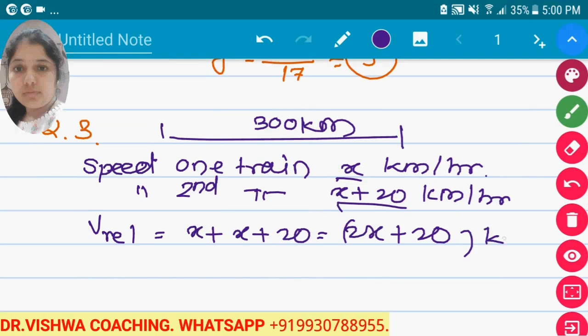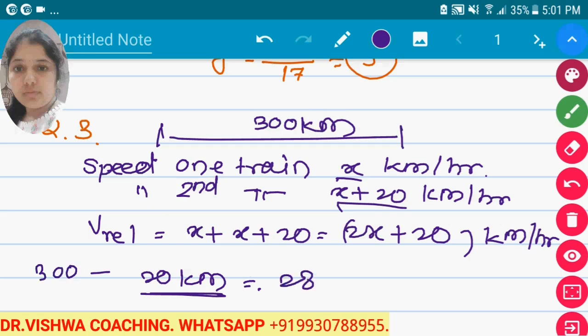Kilometer per hour. Now both are moving, and how much distance is now in between both of them? 20 kilometer is remaining. Okay, so out of 300 how much distance did they travel? 280 kilometer they travel.